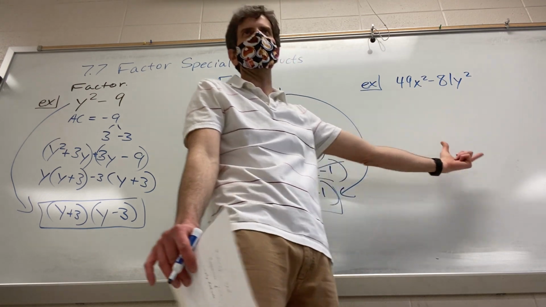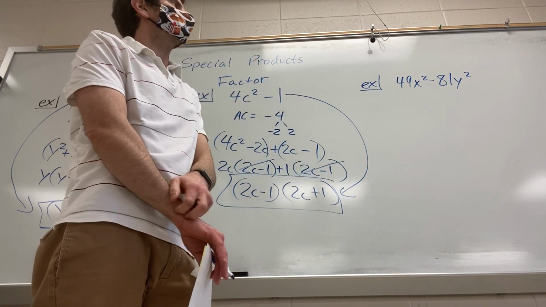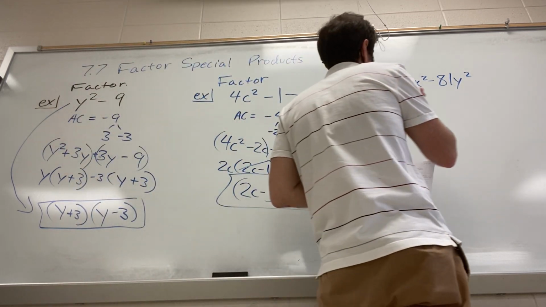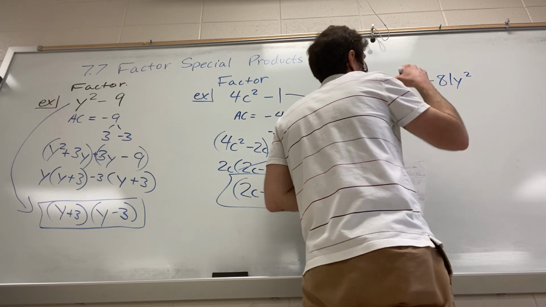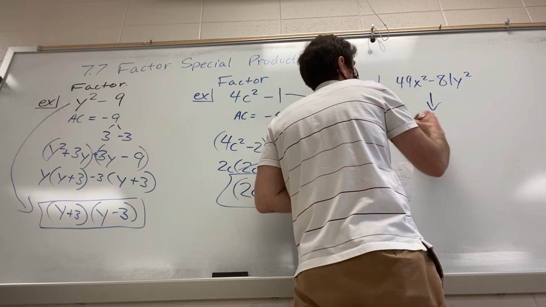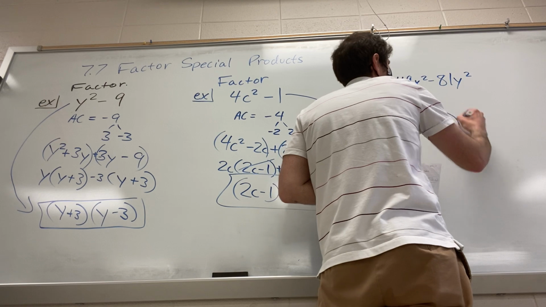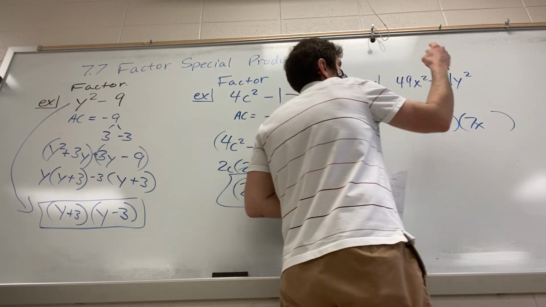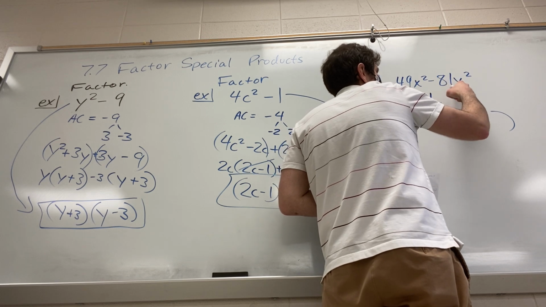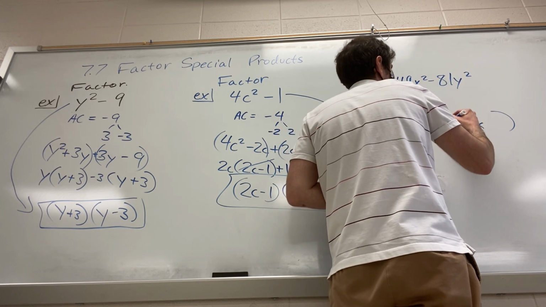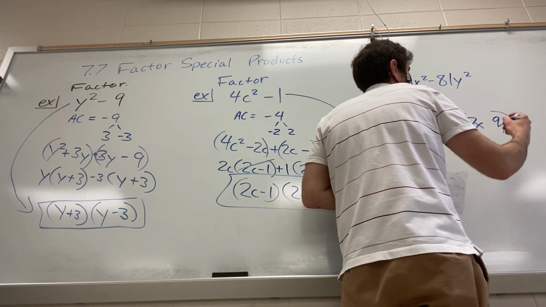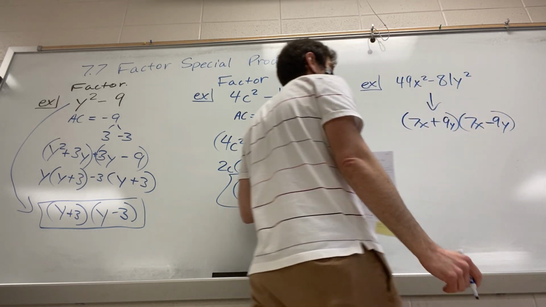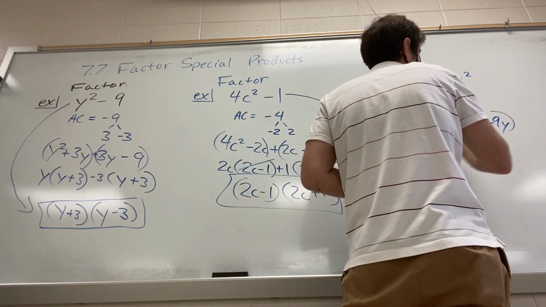It would be really strange to do this. But if you know the pattern, you go straight to the answer. That's going to be 7x, that's going to be 9y, and the pattern always goes 1 positive, 1 negative. And you'll be done super quick.